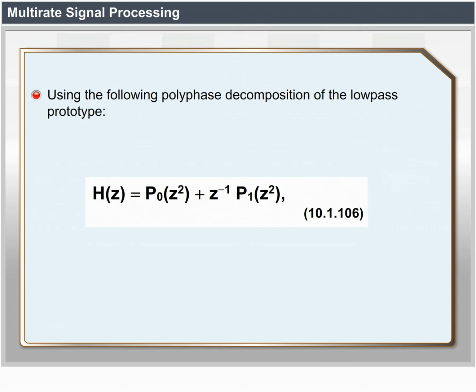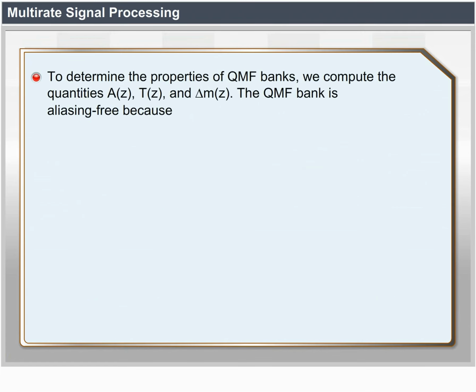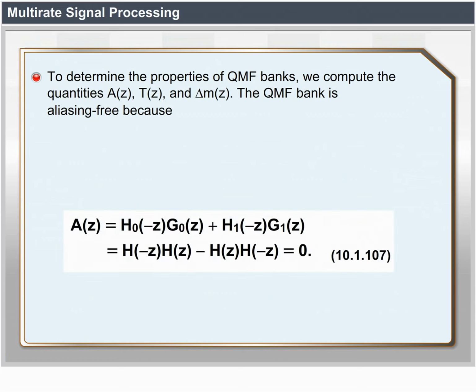To determine the properties of QMF banks, we compute the quantities A of z, T of z and delta m of z. The QMF bank is aliasing free because A of z equal to h0 of minus z times g0 of z plus h1 of minus z times g1 of z equal to h of minus z times h of z minus h of z times h of minus z equal to 0, called equation 10.1.107.